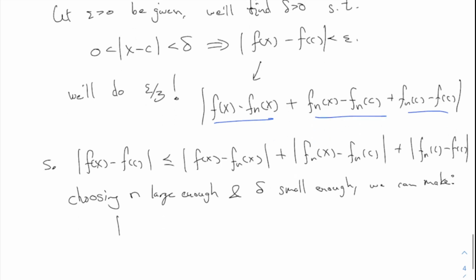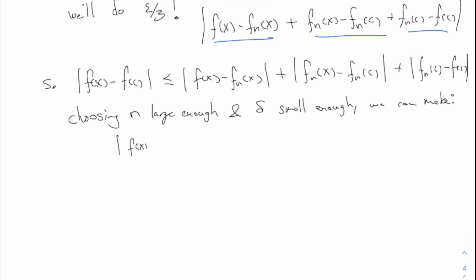The first one, f of x minus fn of x, is less than epsilon over 3 since fn converges to f on A. If you choose n large enough, that distance between those two things will eventually be less than epsilon over 3.